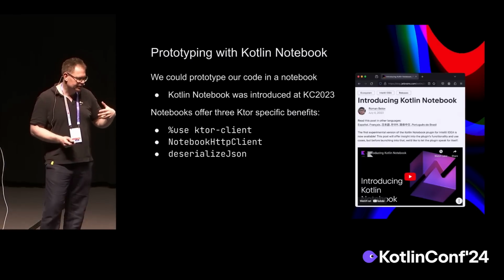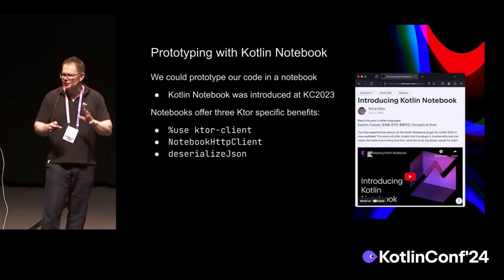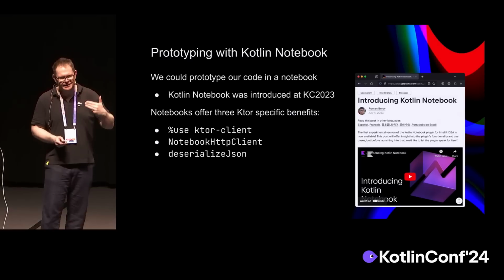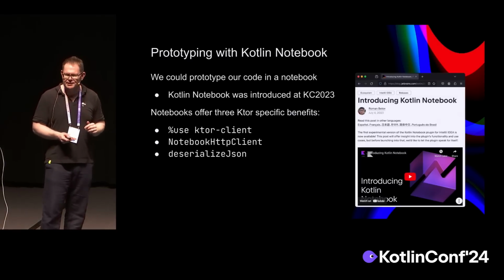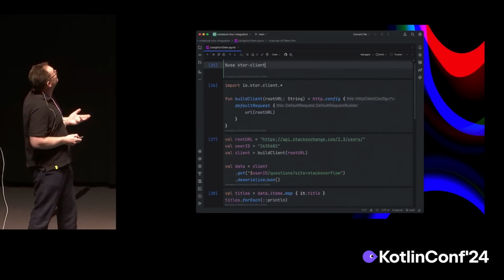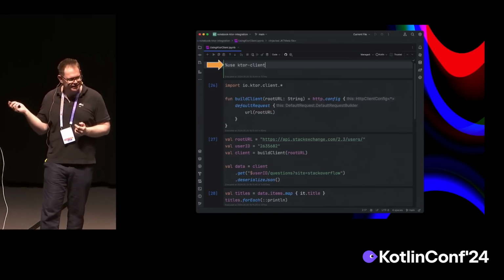So what that does is that it gets the response and loads the response into anonymous types. So it looks at the structure of the JSON and creates Kotlin types on the fly to represent what it finds. So that means that you have a strongly typed way of accessing the data. So this is actually all we need here. So we can say use Ktor client at the top.